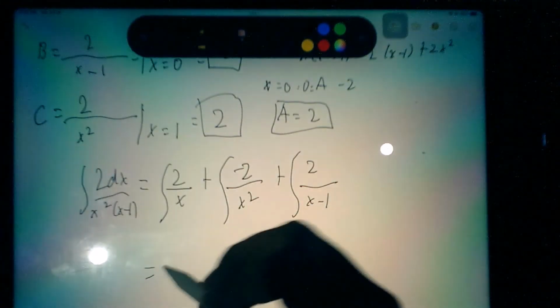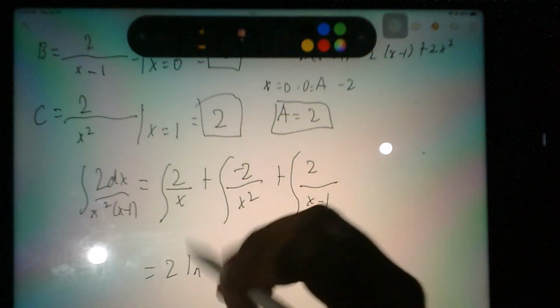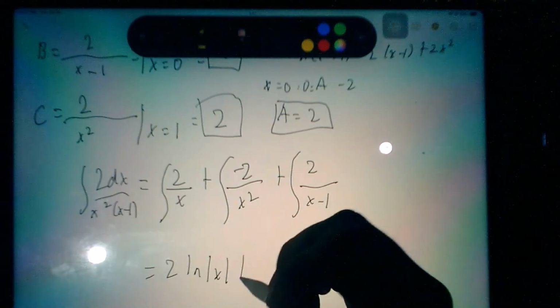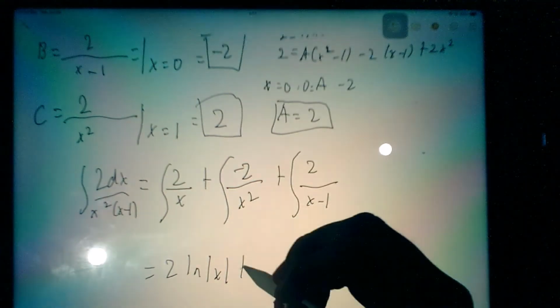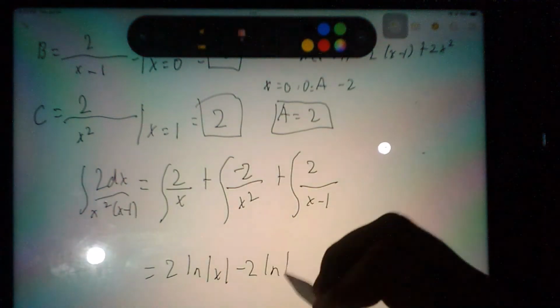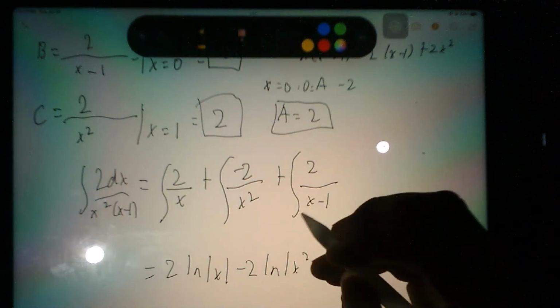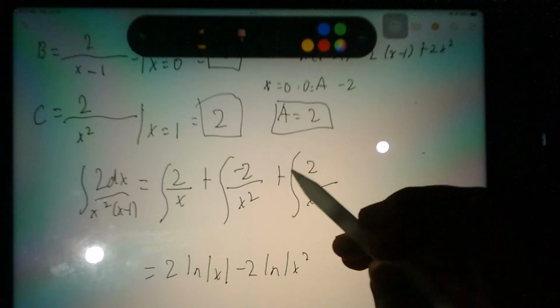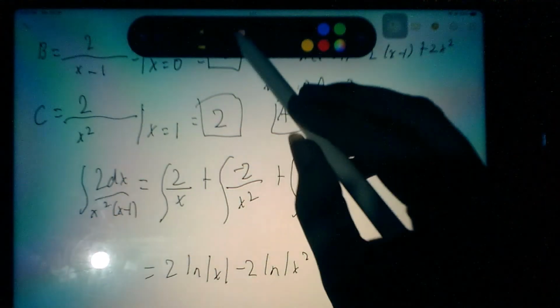Now our answer is just equal to 2. Integral of 1 over x is just equal to ln of x. This is negative 2, minus 2 ln of x squared, 1 over x squared. Oh no, 1 over x squared. So this is not ln.